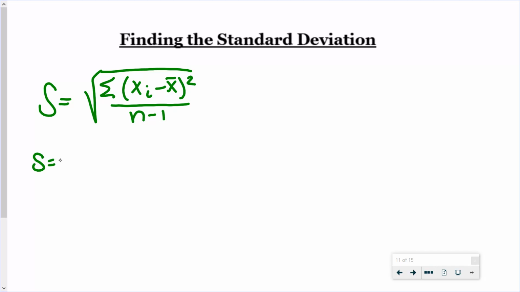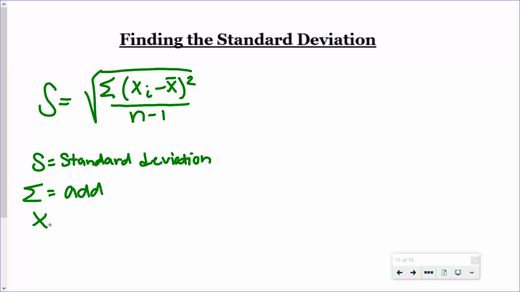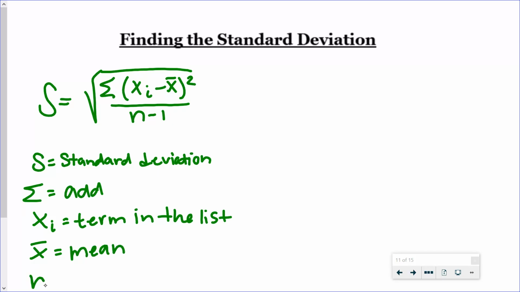So S is our standard deviation. This sign is called sigma, and it means add up the terms. So we're going to add up xi, which is a term in the list or a piece of data. X with the line over it is the mean, and n is the number of terms we have.